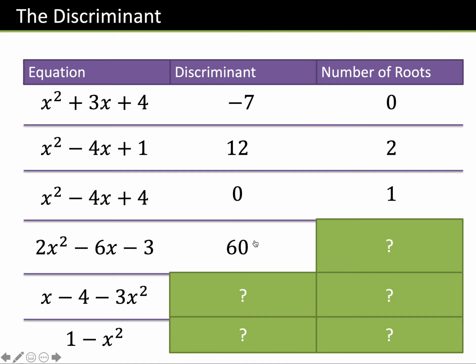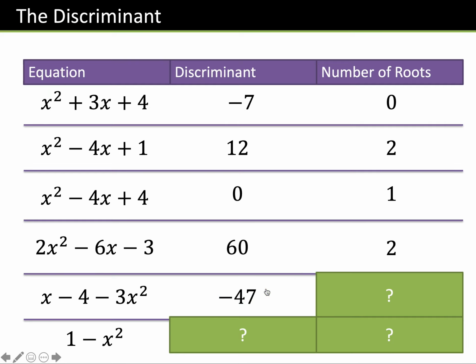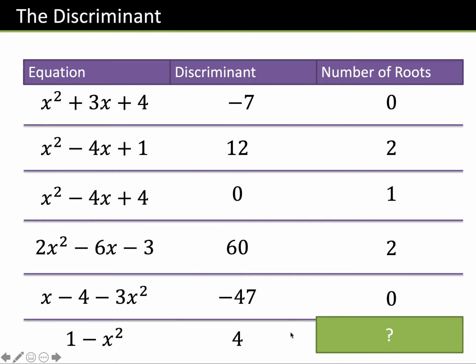The fourth, the discriminant is 60, which gives you 2 roots. The fifth, the discriminant works out to be minus 47, which gives you 0 roots. And the last one, the discriminant is 4, which gives you 2 roots.